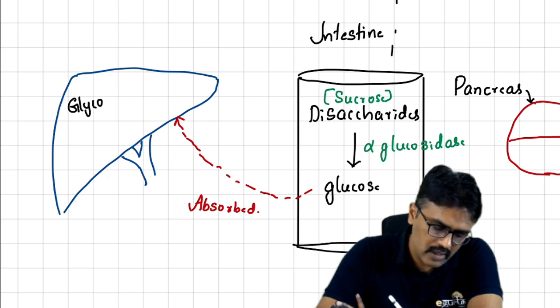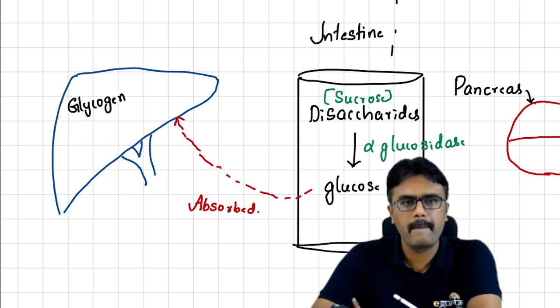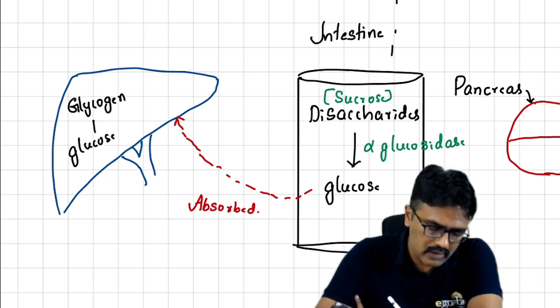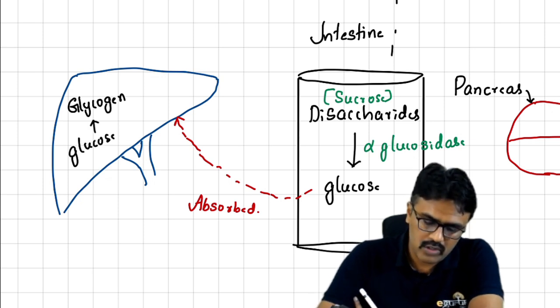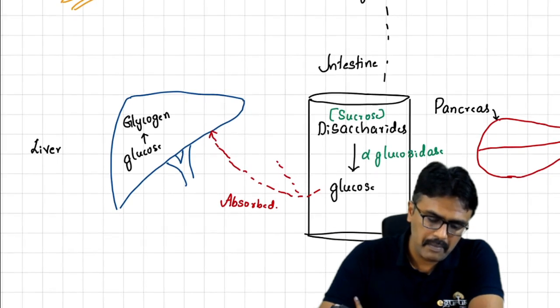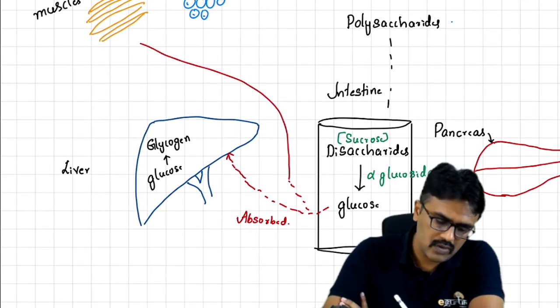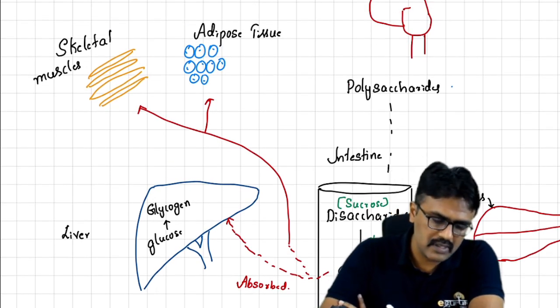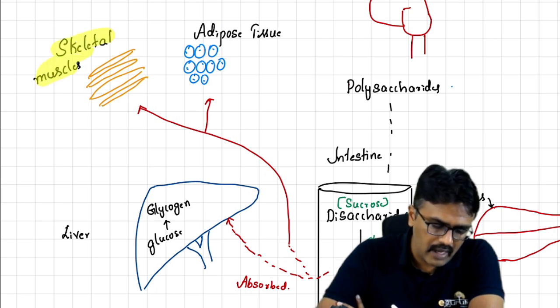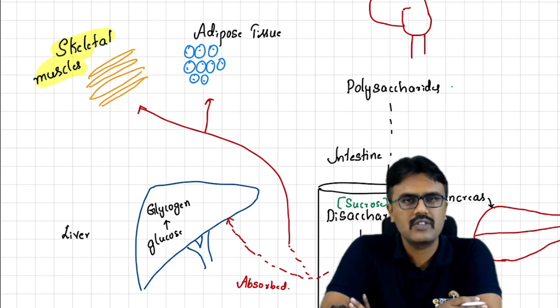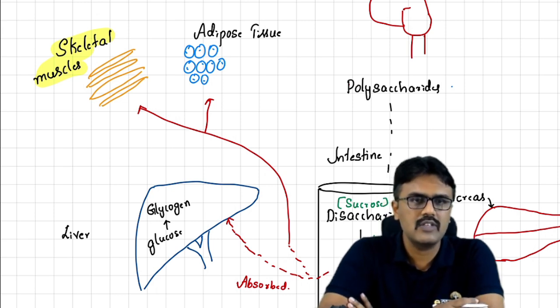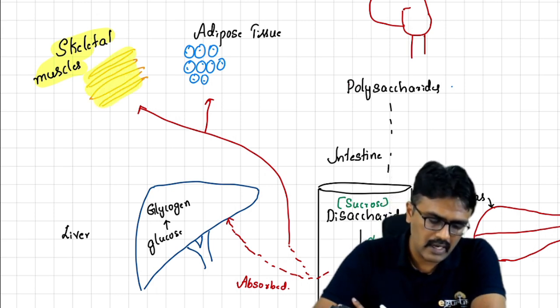Or the same glucose may be utilized by the tissues, such as the skeletal muscle or the adipose tissue. So this glucose may be utilized if the person is under stress, or is walking, is doing some work, and immediately requires energy. So glucose has to be shifted to the skeletal muscles.